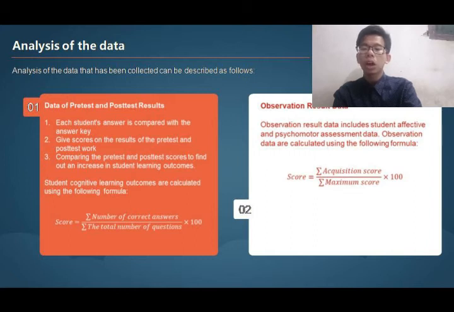The second is observation result data. The observation result data includes students' affective and psychomotor assessment data. Observation data are calculated using the following formula that you can see on PPT. The third is student learning completeness data.